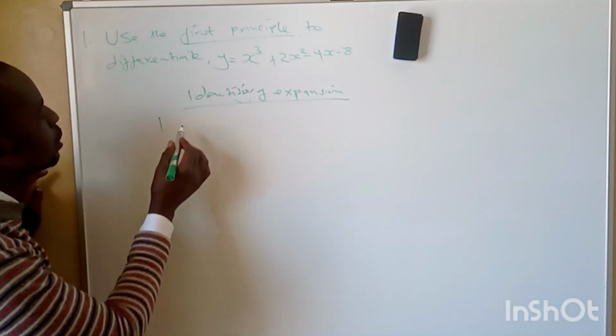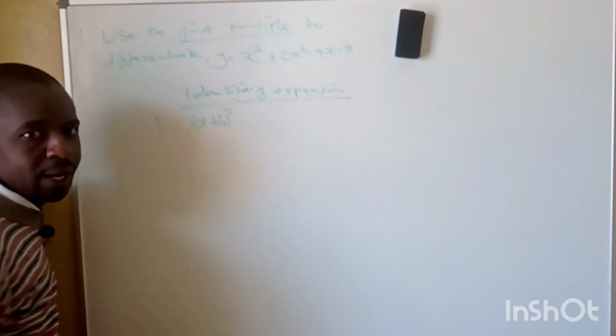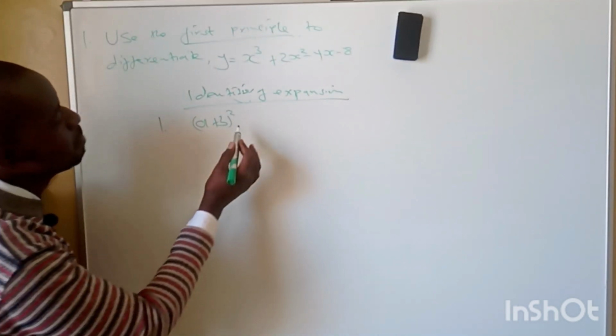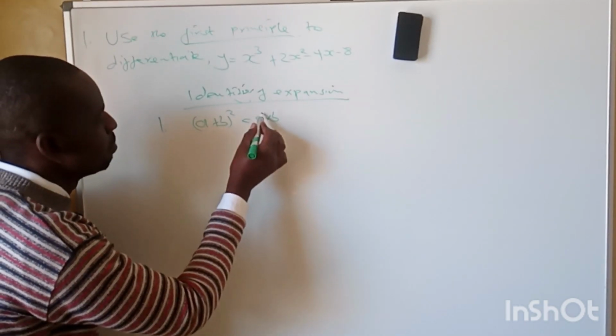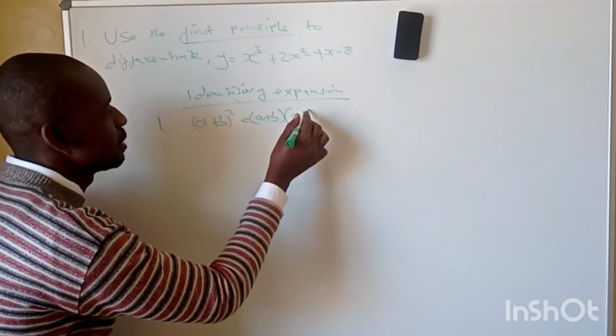So the first identity of expansion is that when you have a plus b, then squared. This simply means a plus b multiplied by a plus b.